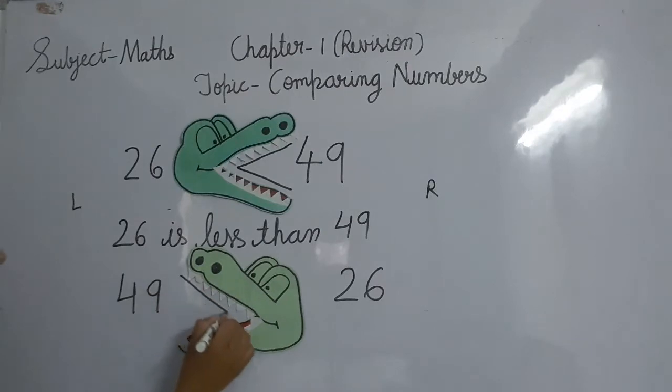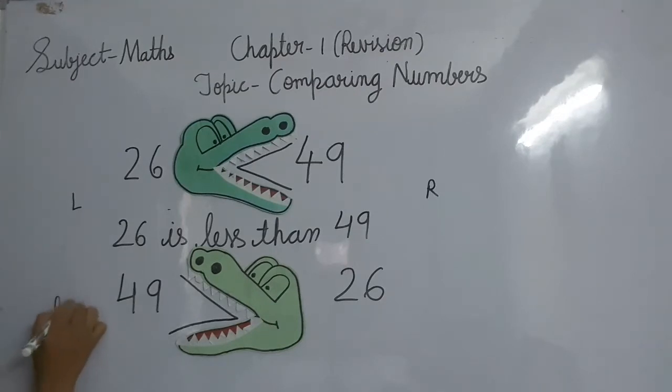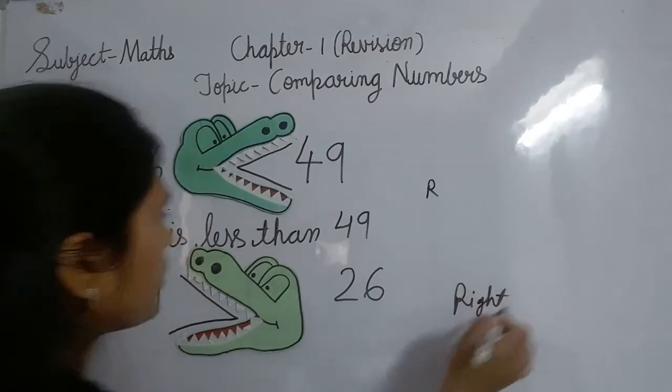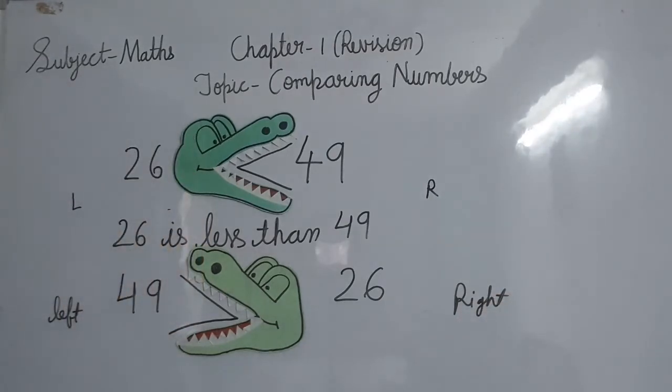So it will open its mouth towards the greater number. So how will we read? Again, read left to right. This is the left side, this is the right side. So read from the left side. Now this time how will we read this? 49 is greater than 26. 49 is greater than 26.